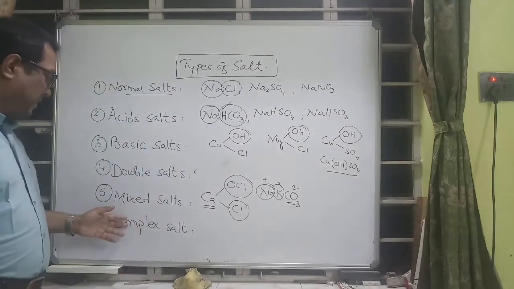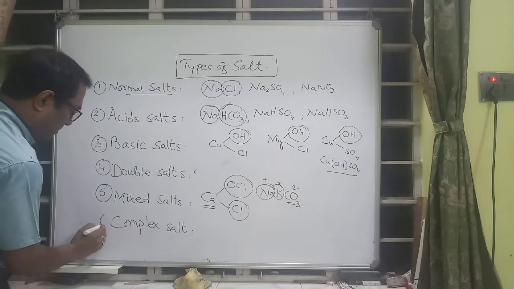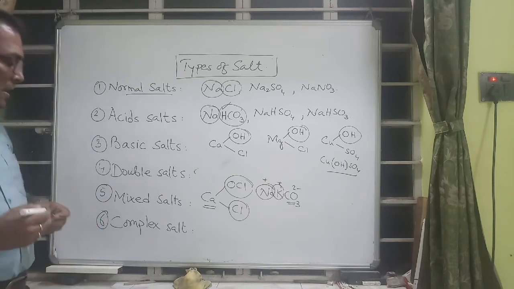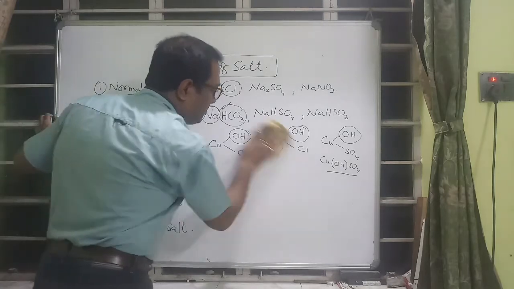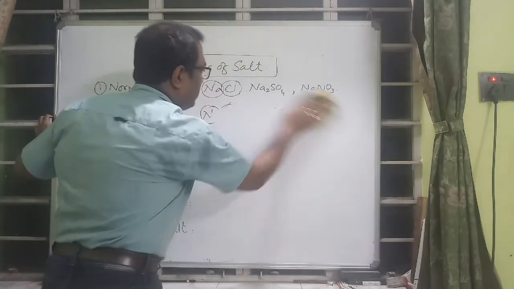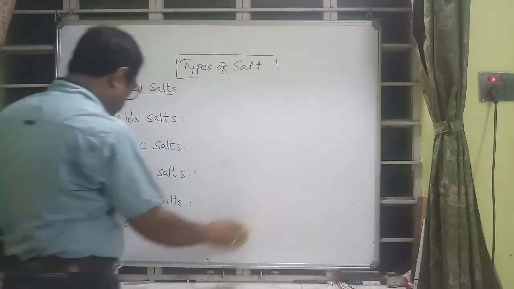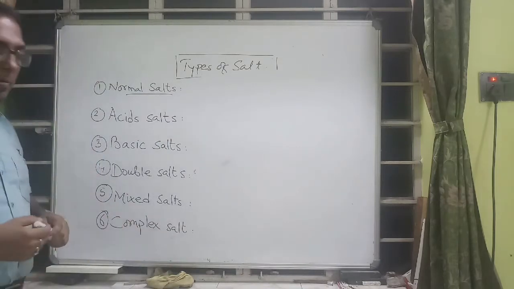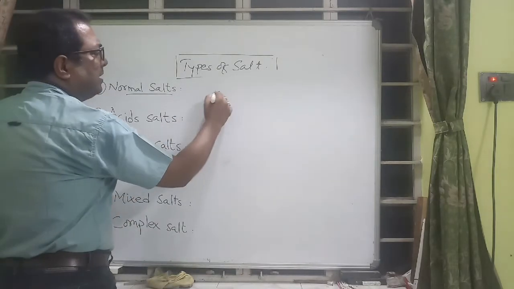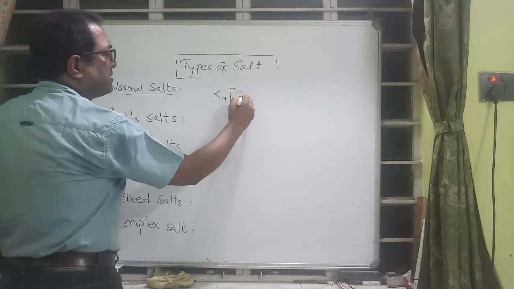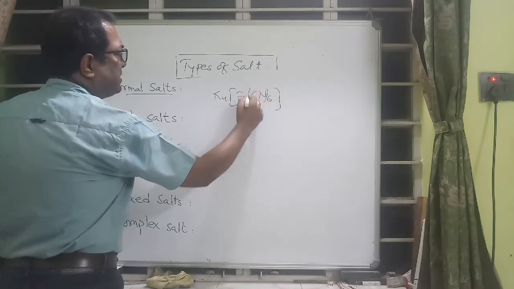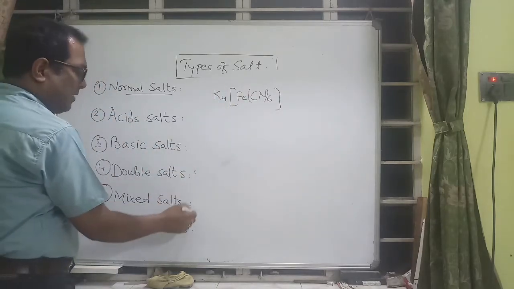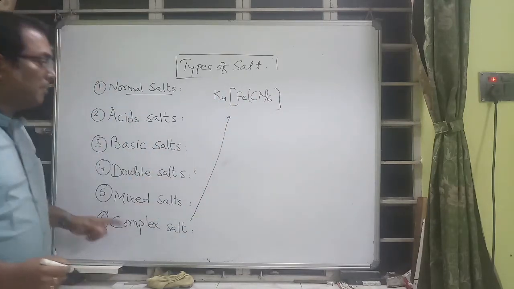And finally we have the complex salt, the sixth type of salt. I will just give you an example. With this example, it will be convenient for you to understand the difference between the mixed salt and the complex salt. If I take K4FeCN6, this is a complex salt.